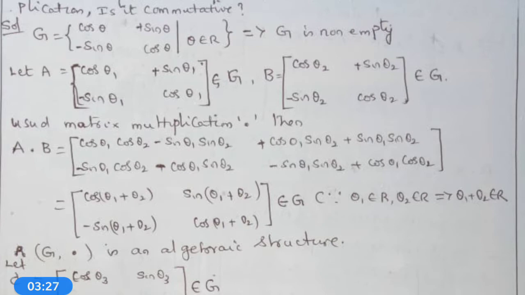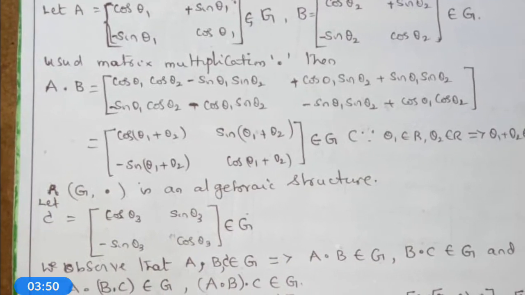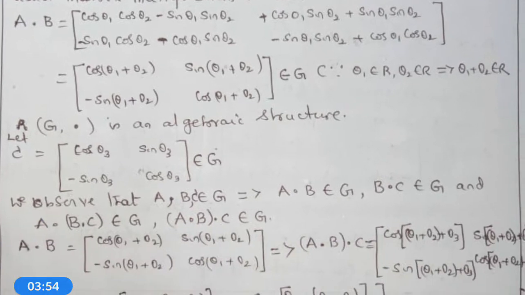This is cos of theta 1 plus theta 2, sin of theta 1 plus theta 2, minus sin of theta 1 plus theta 2, cos of theta 1 plus theta 2. We know that theta 1 and theta 2 belong to R, so theta 1 plus theta 2, say theta, also belongs to R. Therefore, A dot B belongs to G. Therefore, G comma dot is an algebraic structure.